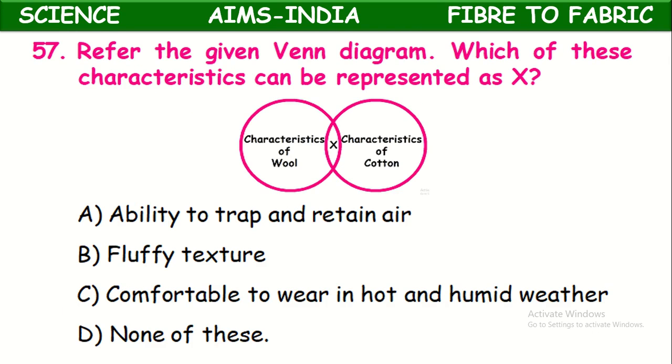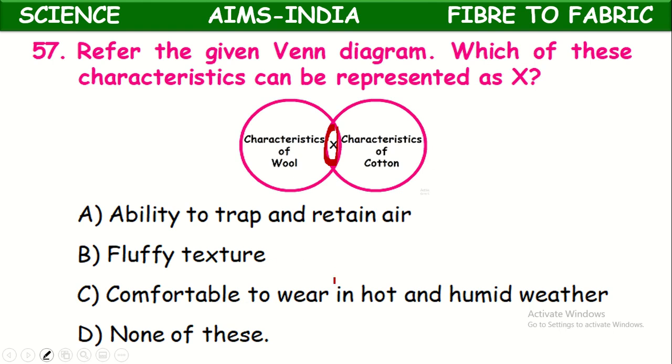Next, refer to the given Venn diagram. Which of these characteristics can be represented at X? See the first circle, characteristics of wool, and the second, characteristics of cotton. The common properties for these two: ability to trap and retain air, fluffy texture, comfortable to wear in hot and humid weather.